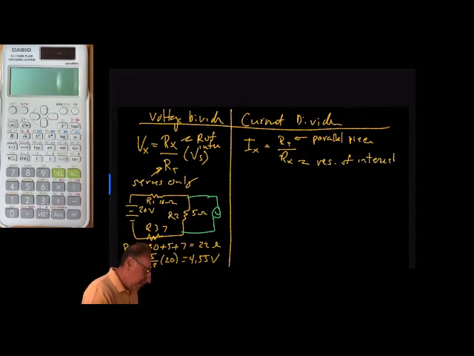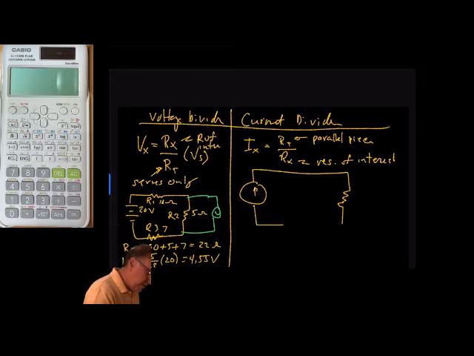Okay, and we'll draw a little circuit. So we have 3 parallel resistors. R1, 2 ohms, R2, 4 ohms, and R3, 6 ohms.